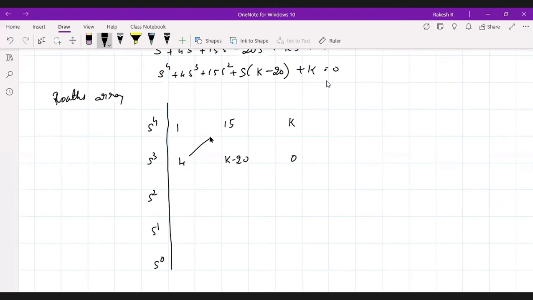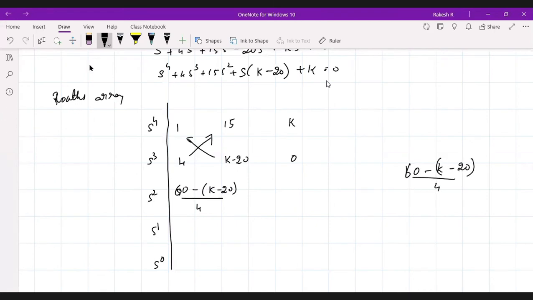We multiply these two and subtract with this. So this becomes 15 into 4, that is 60. 60 minus (k minus 20) divided by 4.